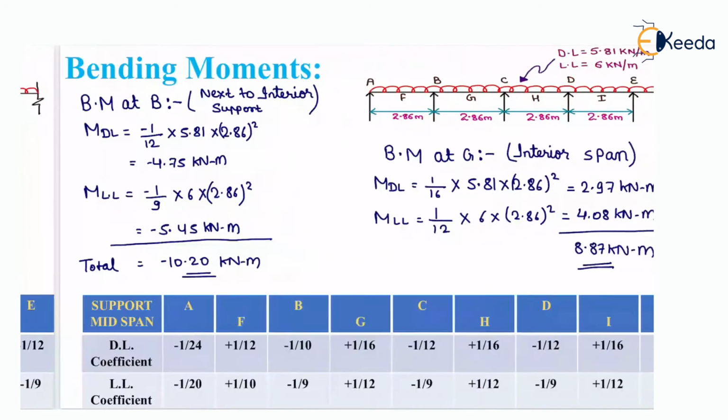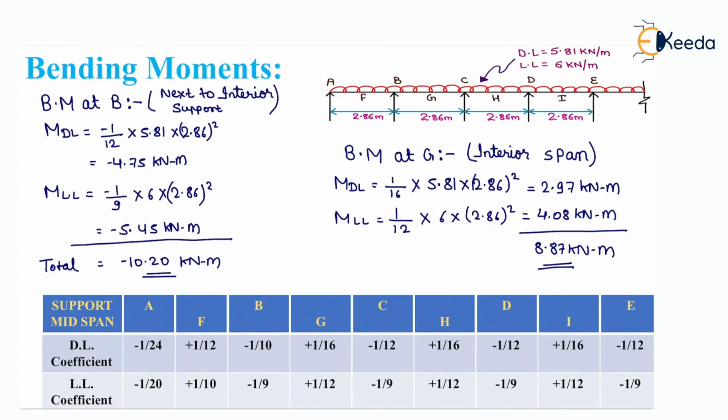Now we will calculate bending moment at B. Bending moment at B is next to the interior support. Now bending moment due to dead load equals minus 1 by 12 into 5.81, that is factored dead load, into 2.86 square, that is effective span square. Its value comes to minus 4.75 kilonewton meter.